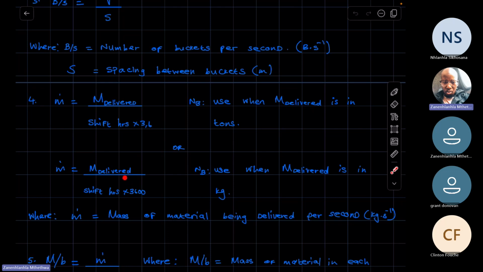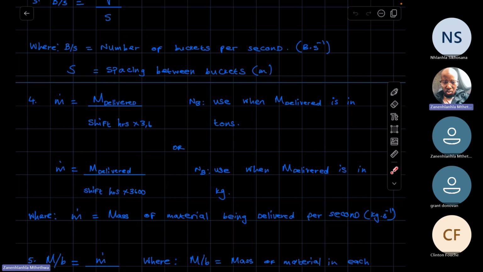Similarly with this one, if you've been given the mass being delivered in kgs, you use this one, substituting the mass being delivered in kgs here, and whatever you get will be in kilograms per second. So both formulas will give you the mass flow rate, M dot, in kilograms per second.